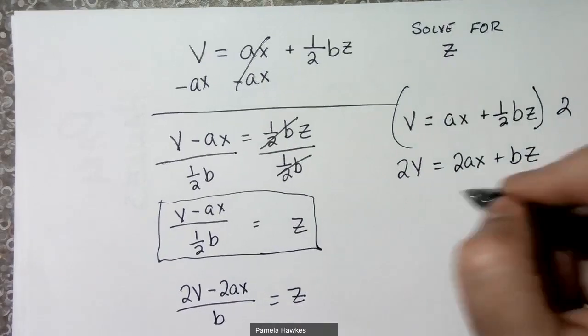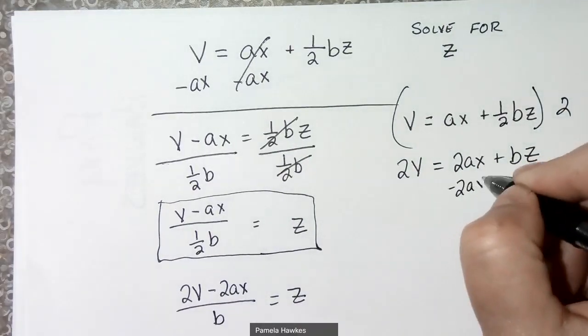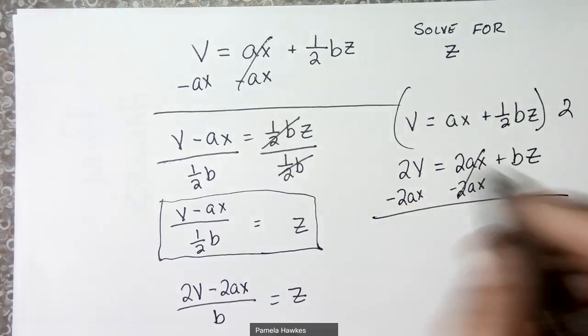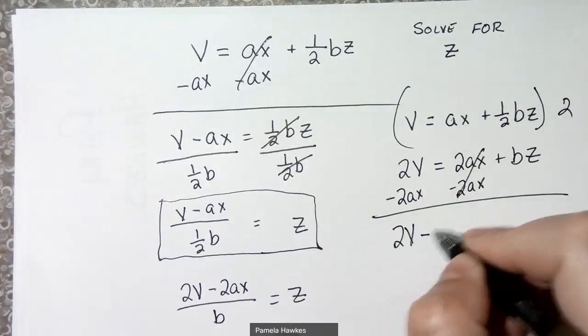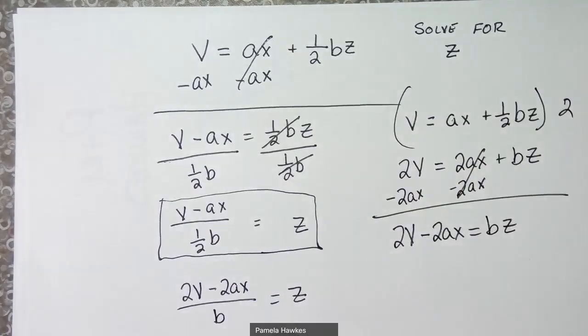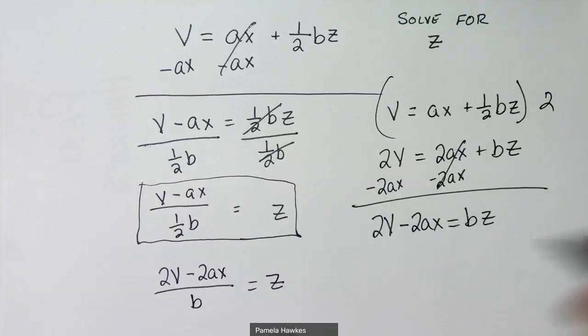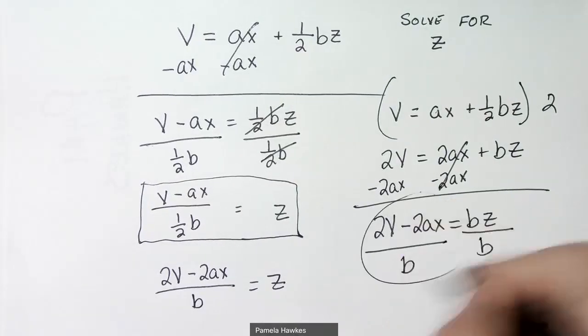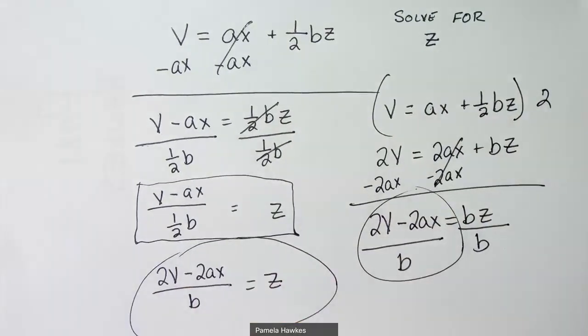Now you would just minus the 2ax, and these go away, and I get 2b minus 2ax equals bz. And what do I do now? Divide by b. And look, we got the same answer.